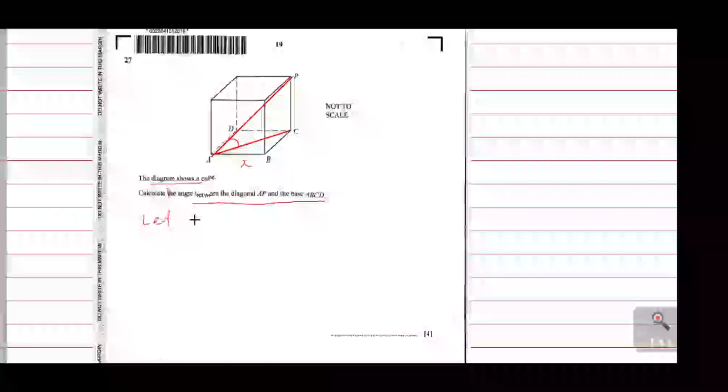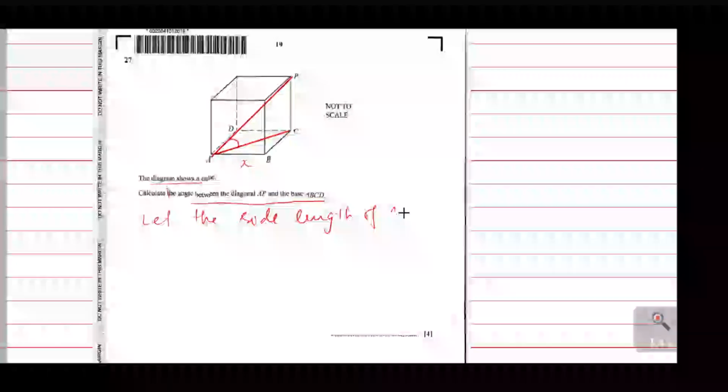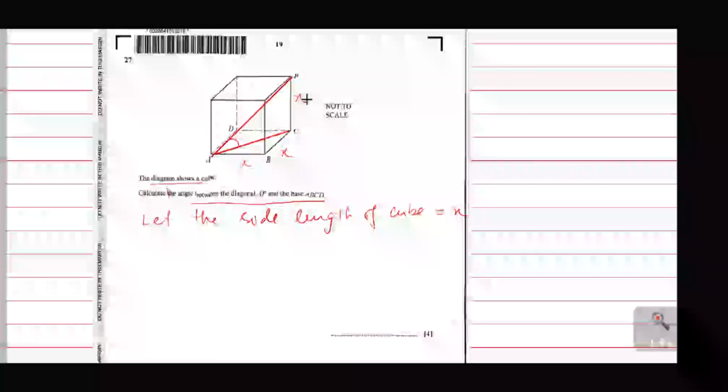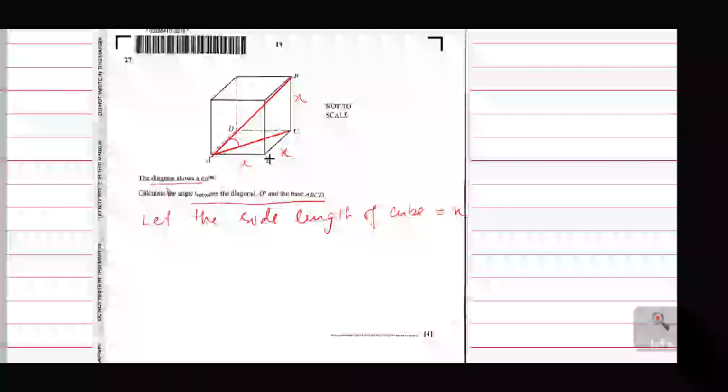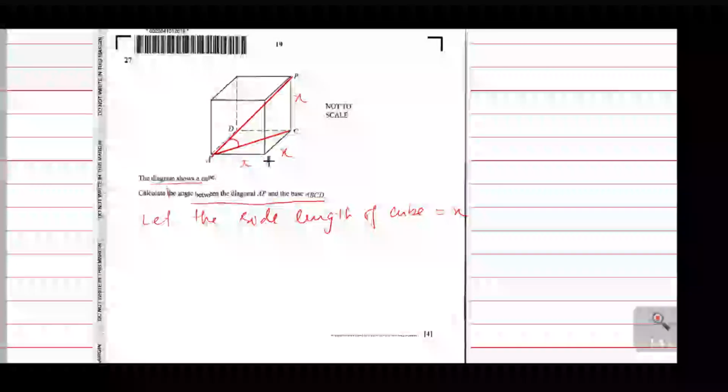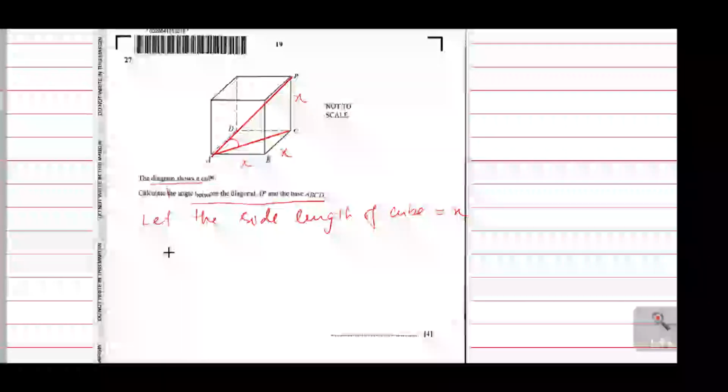Look here, this is the cube. Therefore, we suppose the side length of the cube is x. Each length will be x because this is a cube. In a cube, length, width, and height are always the same. Therefore, this length AB is x, BC is x, and PC is x.